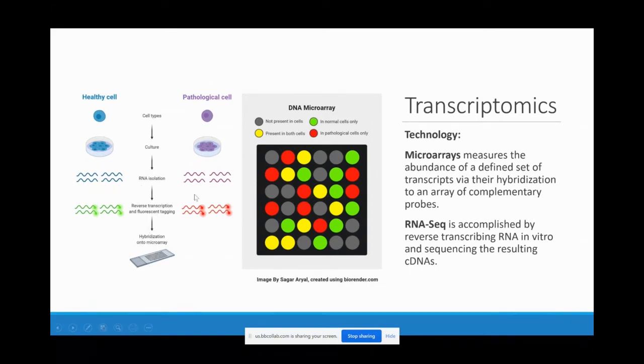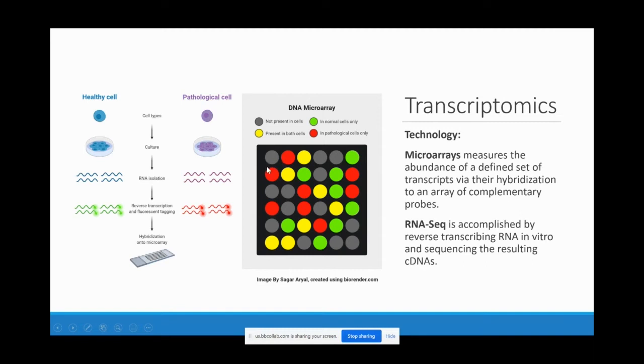So if you collected all of your RNA segments and then you tagged them, what you can do is take a chip that has a complementary RNA segment on each well. And what you do is you put all of your sample into each well and you see if any RNA binds. If it binds to the complementary segment, it will light up. So what this tells you when you read this chip is, for example, which RNA segment was in this well.